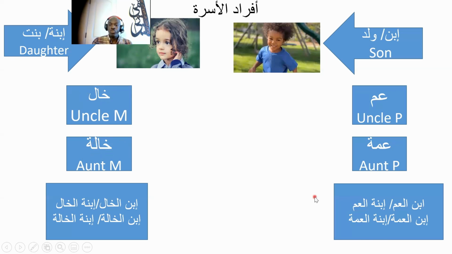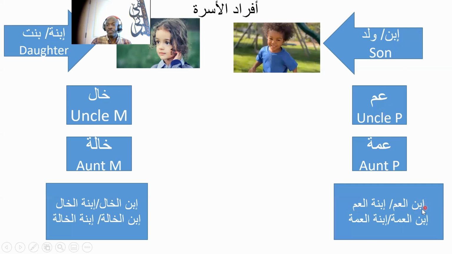So let's move to your uncles' kids or children, and also your aunts' kids on both sides. Here on the right column, we say Ibn al-Am, because Ibn is son, and Am is uncle.